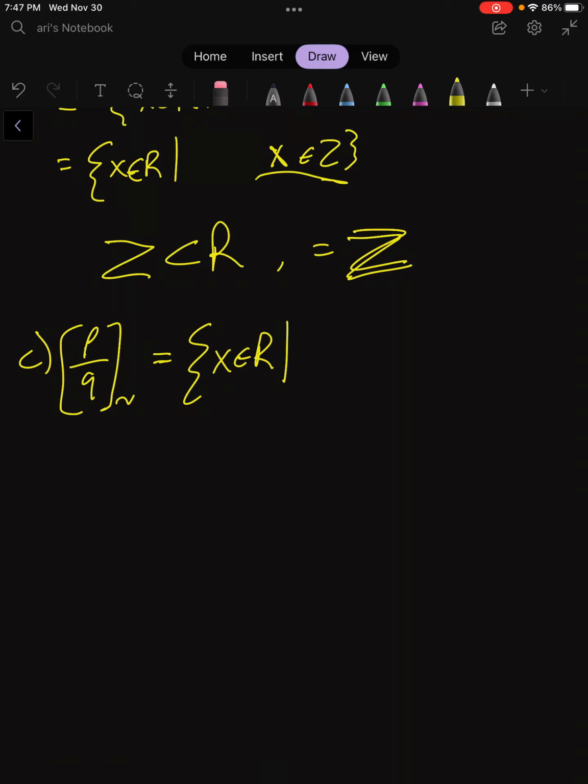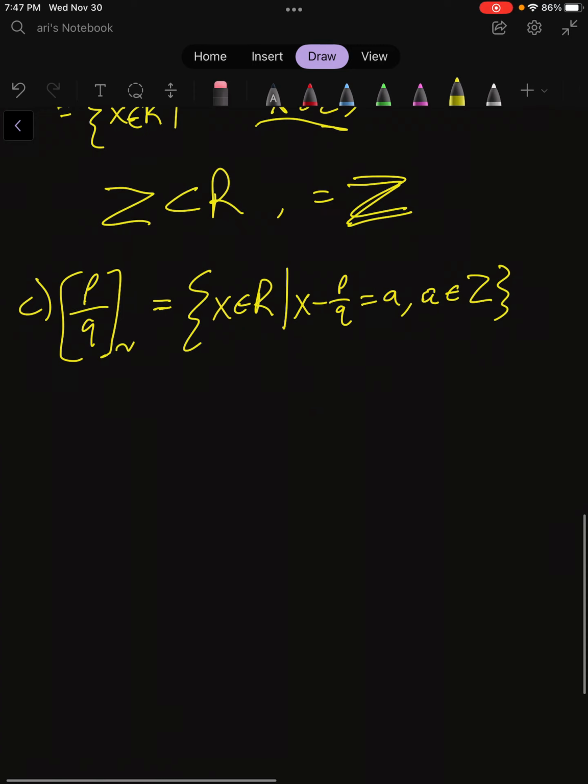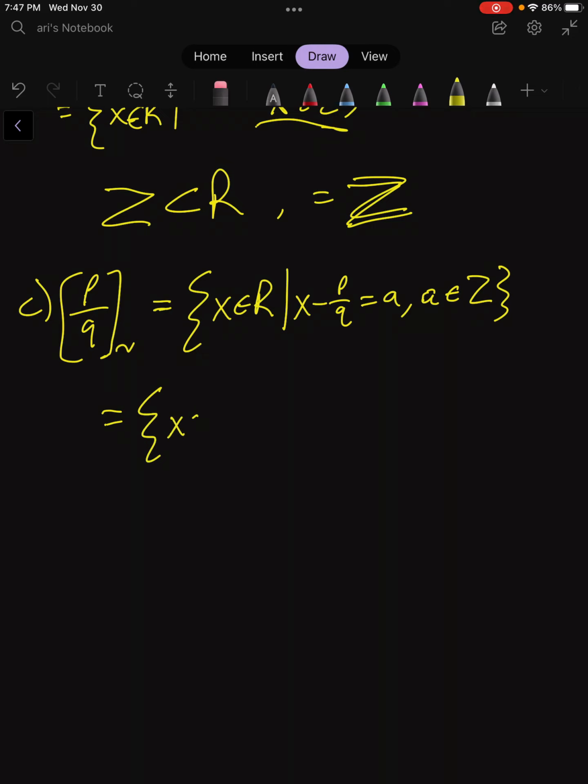And now we're saying the relationship x minus p over q. I'm skipping a step. You could say x tilde p over q here. And then that's equal to x minus p over q equals a for some integer a. And now we're going to try solving for x. So this is not very challenging either. x in R, x equals a plus p over q.